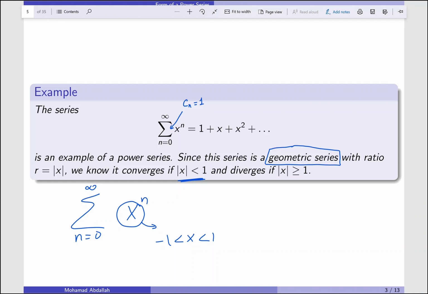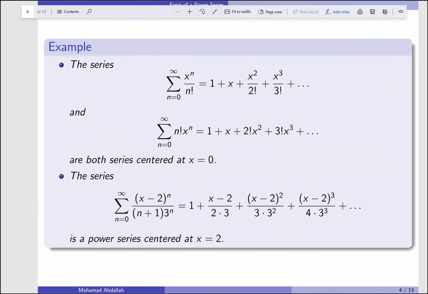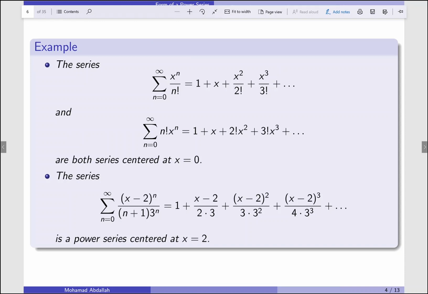So now here's what we are interested in. We are going to be given a power series, and we want to find the values of x for which the series will converge, and the values of x for which the series will diverge. Here are some examples so that you can see these power series. This is a power series centered at 0.